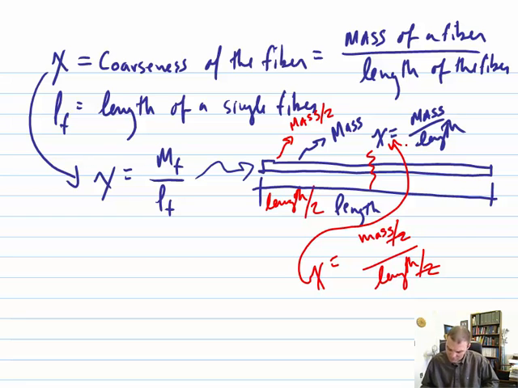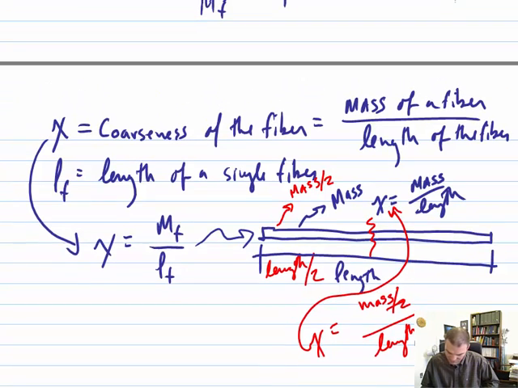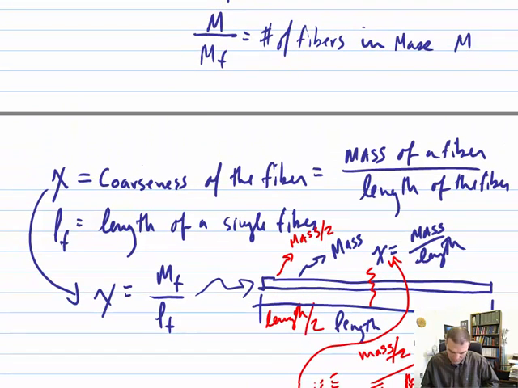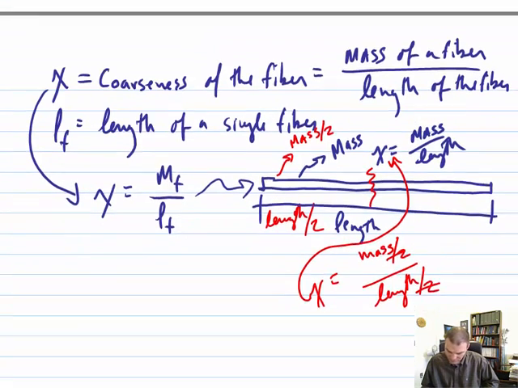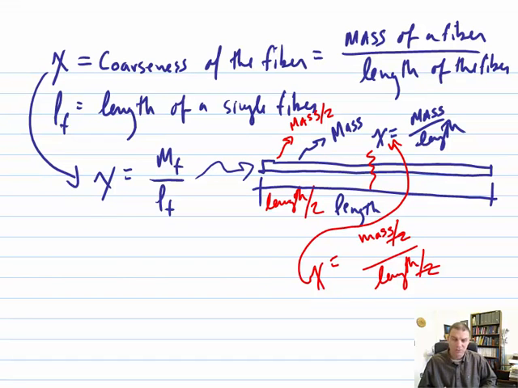Okay, so we have this relationship where we know the coarseness of the fiber, and that's relatively easy to measure. I also told you we have an instrument that makes it relatively easy to measure the length of the fiber.